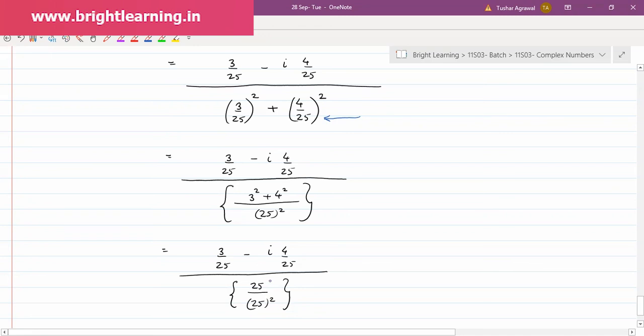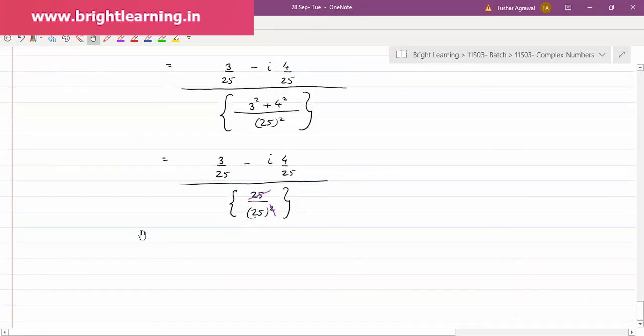So cancellation wise, 25 will get cancelled and the square will get cancelled. Correct? Yes, sir. And this particular denominator is 1 upon 25. So this complex number is divided by a real number, 1 upon 25.